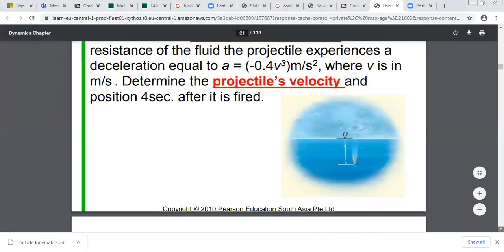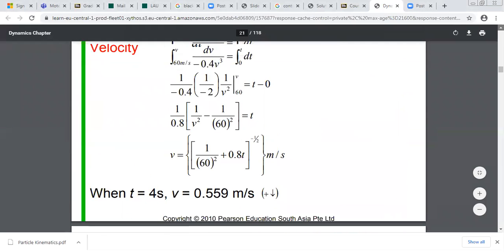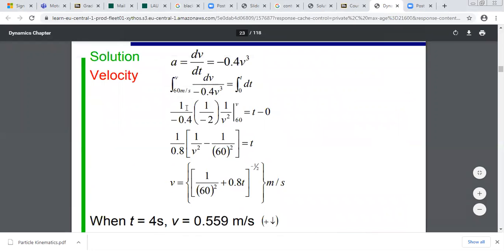Okay, so let us see here the solution. As we said, first we do the separation of variables and we do the integration. You get v as a function of time as we did together. So this is v in general as a function of time.